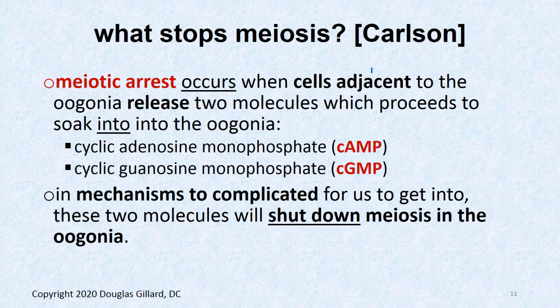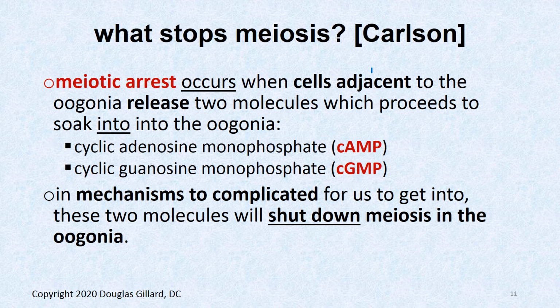Why does meiosis stop? We're not 100% sure. We do know that there are some chemicals, some biomolecules, that are involved in this. So we know that the cells adjacent to the oocytes, or the oogonia, I guess we are at this point, well, we're in between oocytes and oogonia, but nevertheless, adjacent cells start producing cyclic GMP and cyclic AMP.